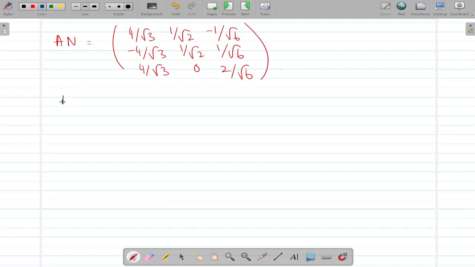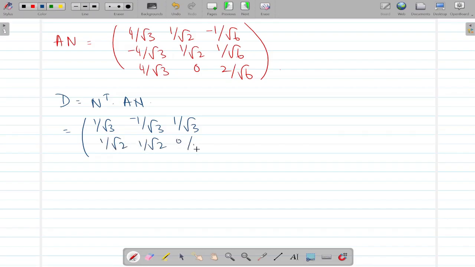Next, D equal to N transpose into AN. So 1 by root 3, 1 by root 3, 1 by root 3, 1 by root 2, 1 by root 2, 0 by root 2, minus 1 by root 6, 1 by root 6, 2 by root 6.